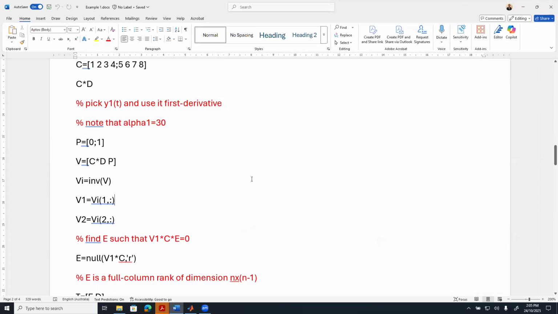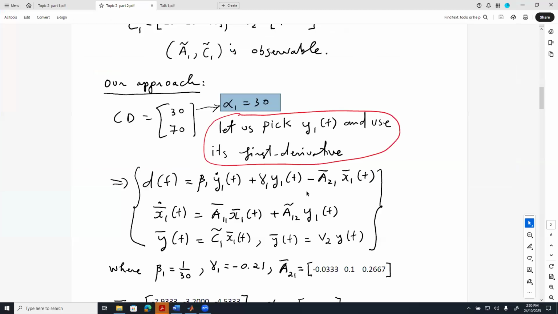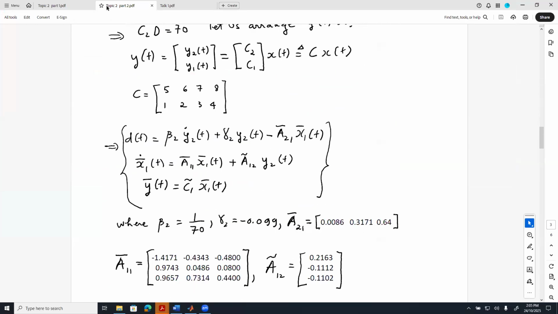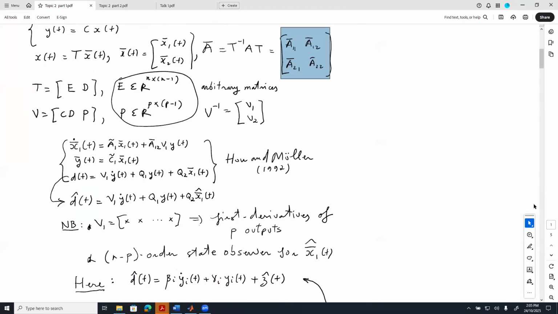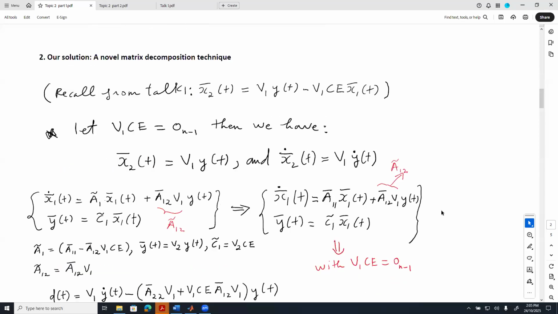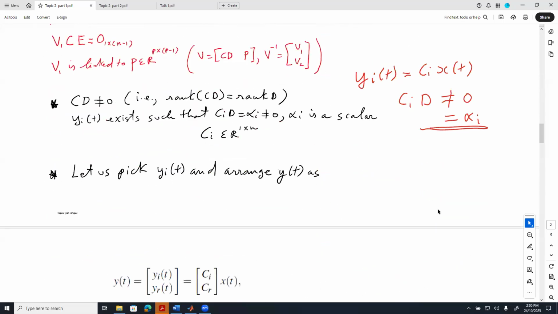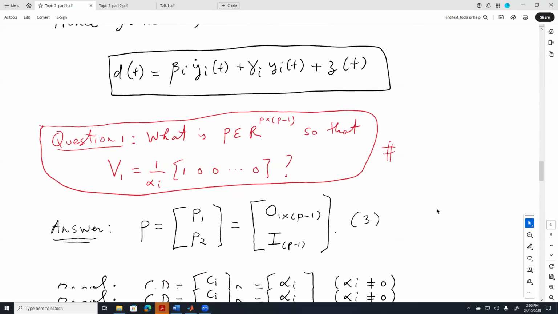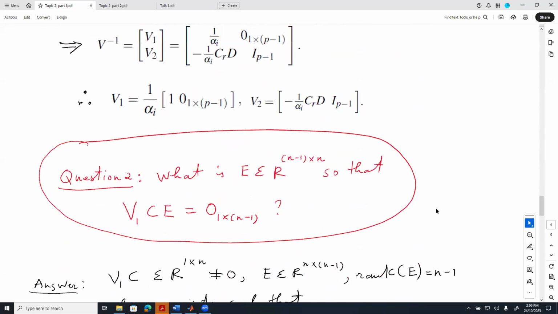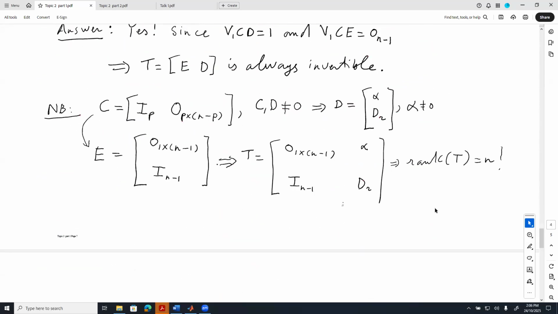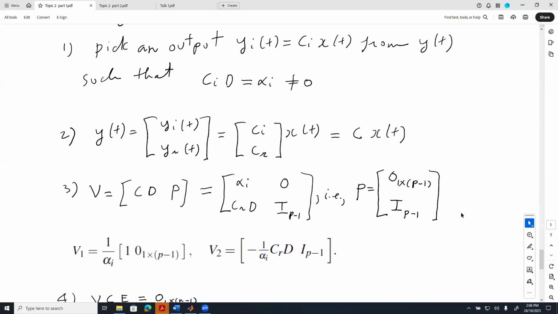Now, according to our decomposition method, what we do is we pick the matrix P according to the following form. Okay, so that's where we pick the matrix P.